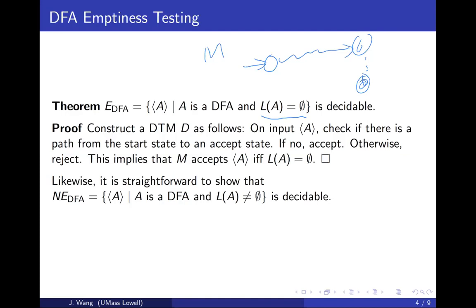So that means I have a decider that always halts, because it only checks whether there is a path on the diagram of M to an accept state that's reachable from the start state. For instance, you can use a breadth first search to determine that. So this is decidable.